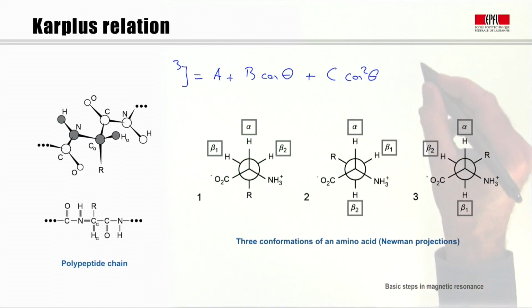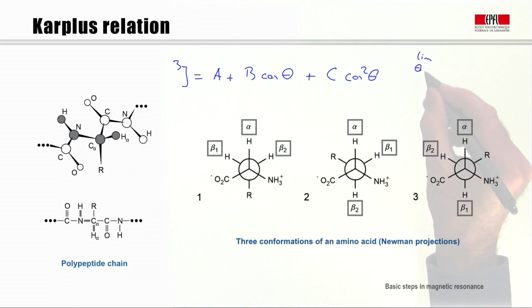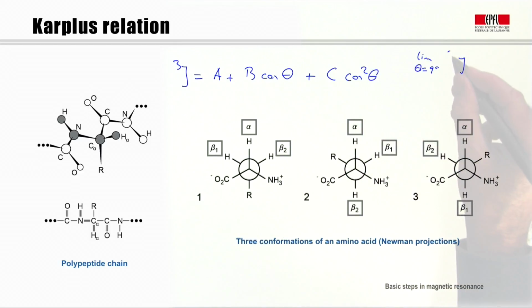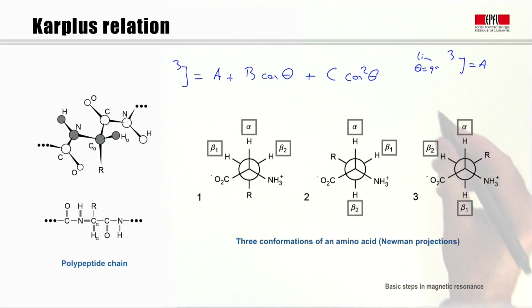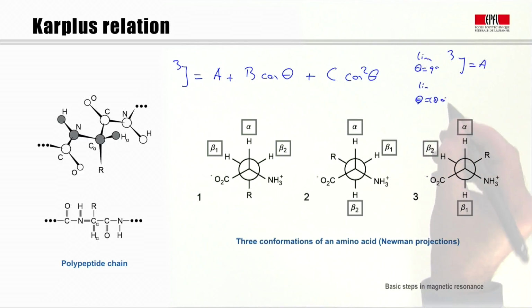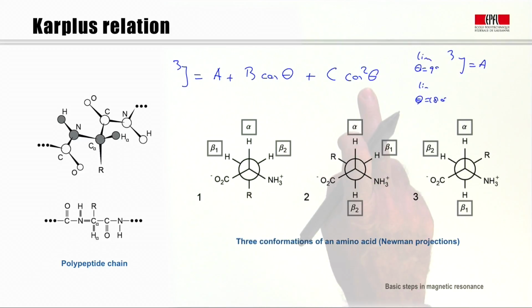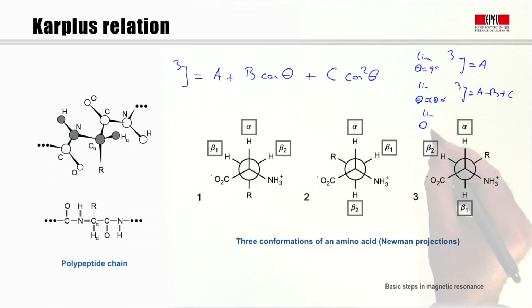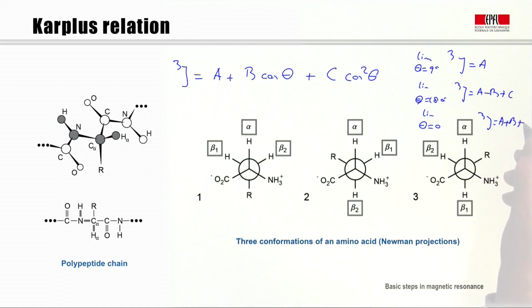So you see that in the limit that theta is equal to 90 degrees, then of course cos and cos squared disappear, so 3J becomes equal to A, and in the limit that theta is equal to 180 degrees, then the cosine is -1, the cosine squared is +1, so the 3J is A minus B plus C, and of course in the limit that the angle tends to 0, 3J is equal to A plus B plus C. So basically this Karplus equation is a nice way of empirically capturing that complexity.